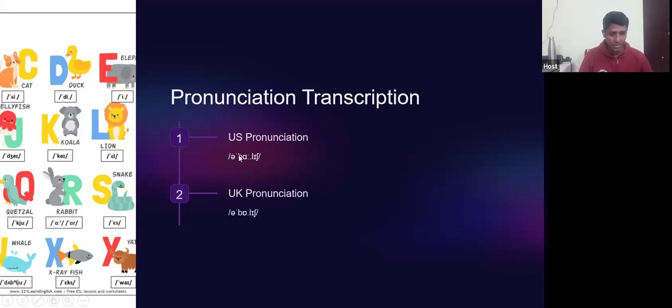As I discussed yesterday, whenever you see an apostrophe, that means that particular sound has to be stressed. If you look at this part, there is an apostrophe, which means B as a sound has to be stressed.